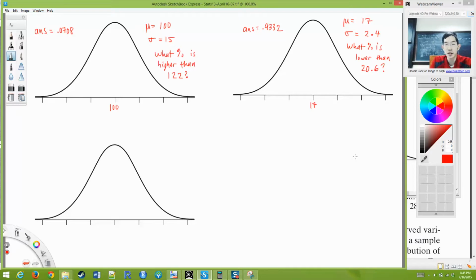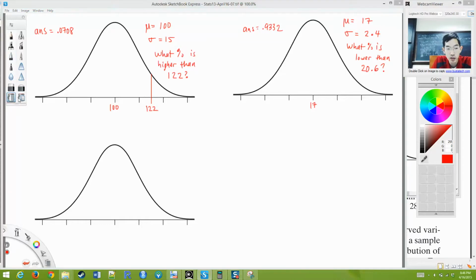All right, so this first one over here, our mean is 100, and we're asking what percentage is higher than 122. So, you know, these tick marks are here. You don't have to worry about drawing tick marks if you don't want to, okay? The important thing is just that you put 122 to the right of 100. That's the only important part, okay?